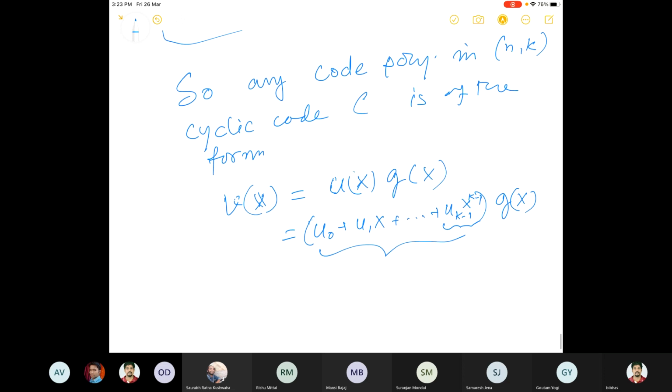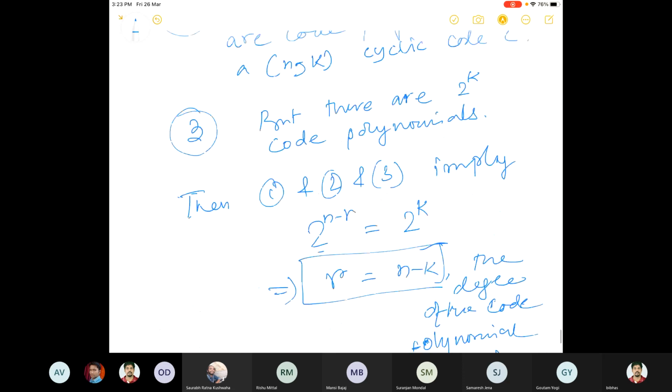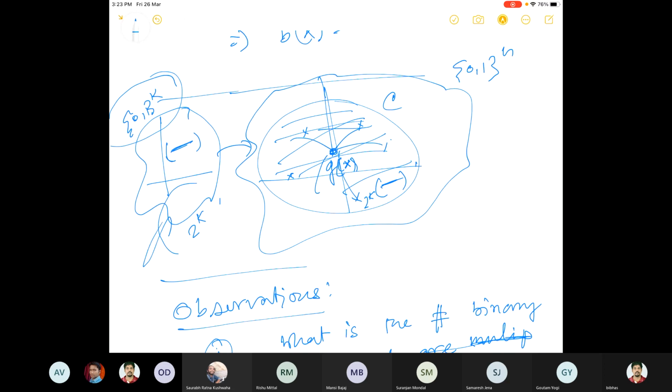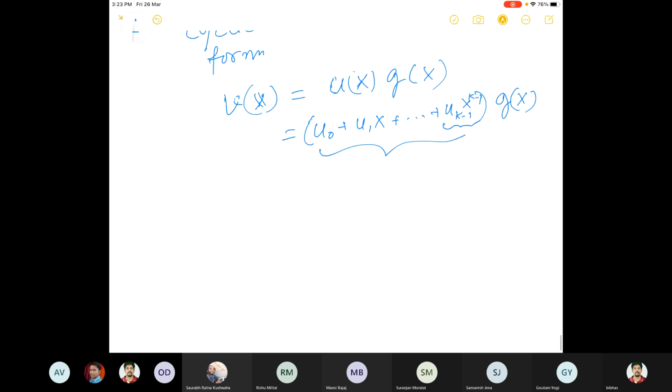Now the surprising thing here is that this polynomial Ux contains exactly k digits, and we already had this left hand side, all the strings having k digits. Gx is fixed here, Gx is not changing.